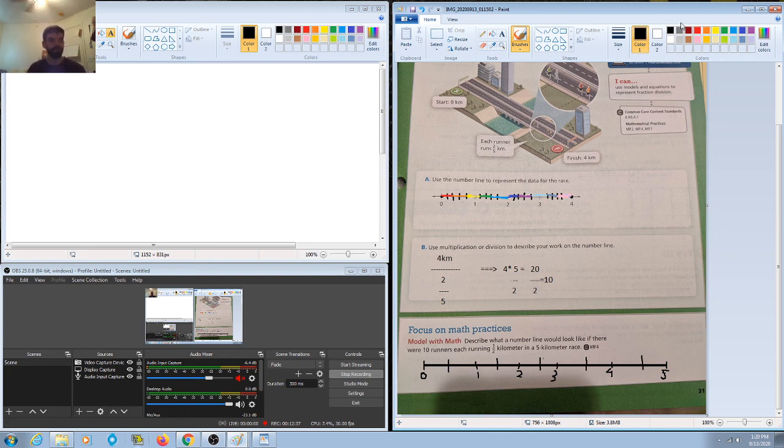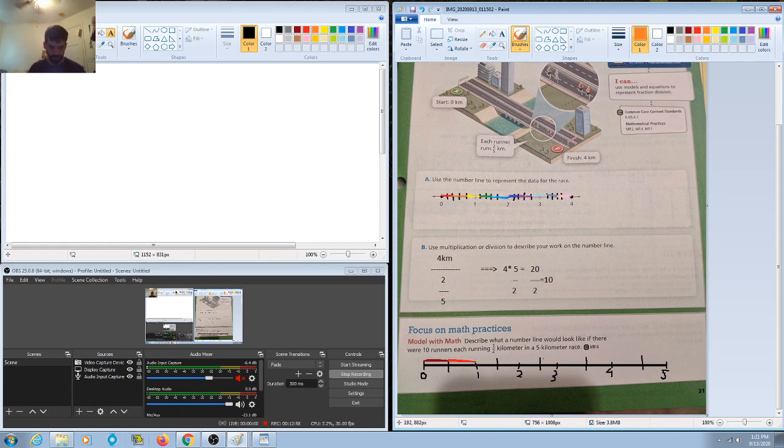Alright, let's go ahead and use those colors again just to show what we're looking at here. They each run half a kilometer. The first runner runs half a kilometer. The second runner runs half a kilometer. So it took 2 people to reach a 1 kilometer distance.